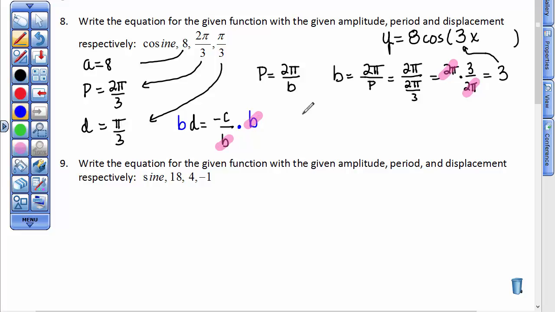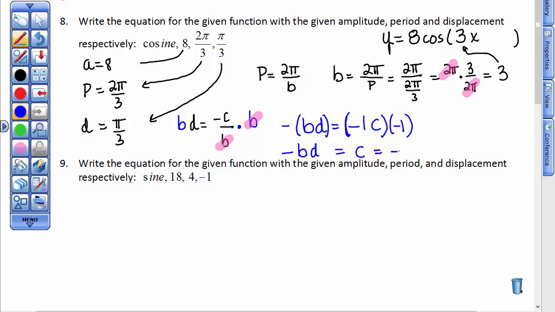And what we have now is b times d equals negative c, or negative 1c. It's easier to say let's multiply both sides by negative 1 versus divide both sides by negative 1. It's just easier because this negative times this negative would give us a positive c, and c can always be found by taking the opposite of b times d.